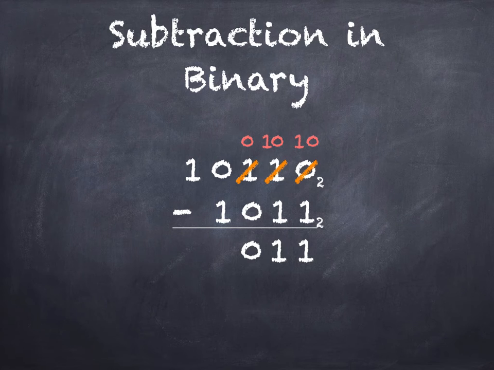Now for the next column, 0 needs to borrow 1 again from there, and that 1 becomes 0. The 0 here becomes, again, 10 or 2. The 10 minus 1, or 2 minus 1, is equivalent to 1. That's your answer, 1011, and affix the base of 2.